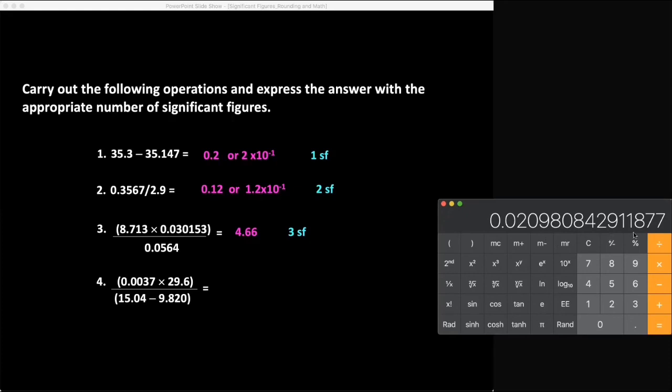Again, I kept all the numbers in the calculator to the very end, so I can have the appropriate numbers and rounding to significant figures.